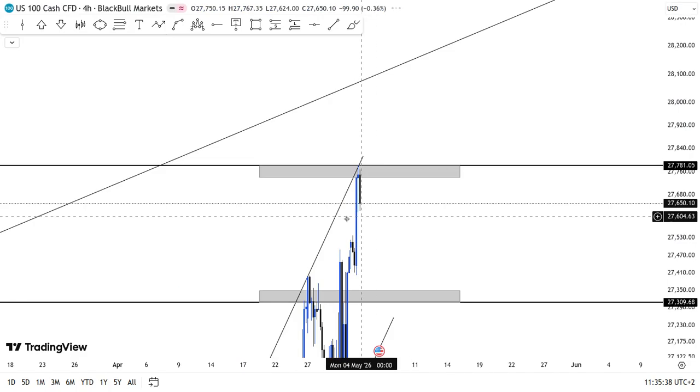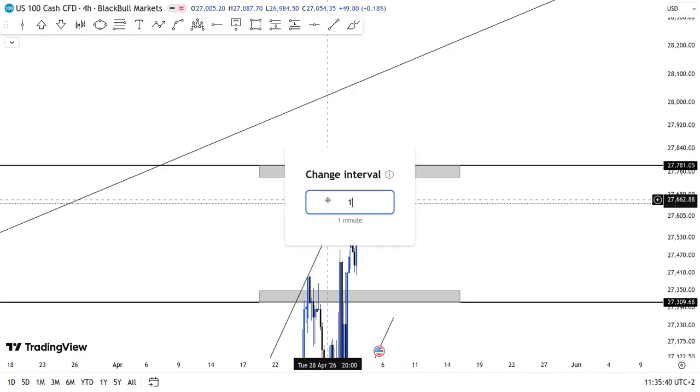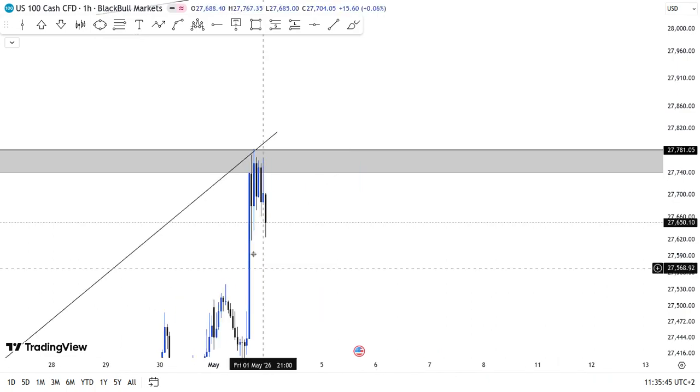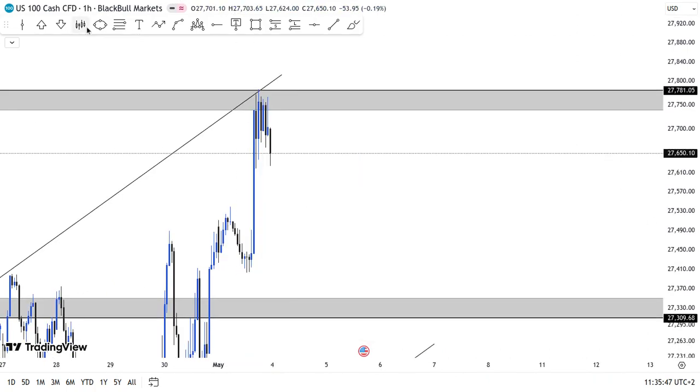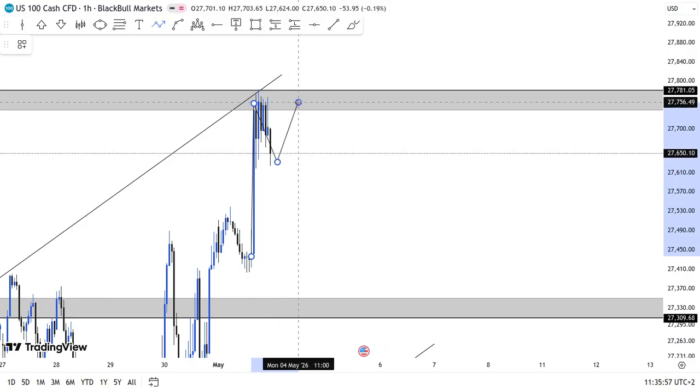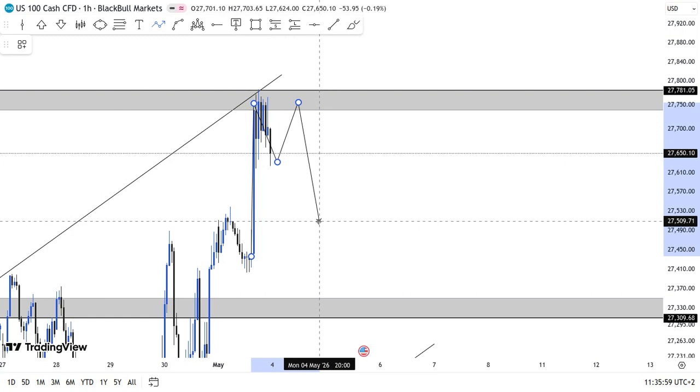On the 4-hour time frame I see nothing, but on the 1-hour time frame I might be looking for price to play along, come here, which is a high, then give me an equal high, then already it's an M pattern or double top formation.